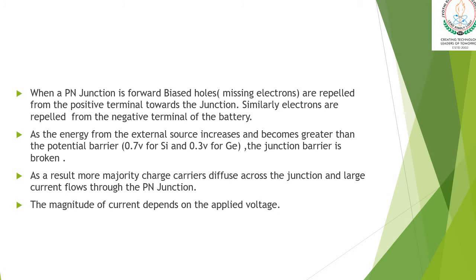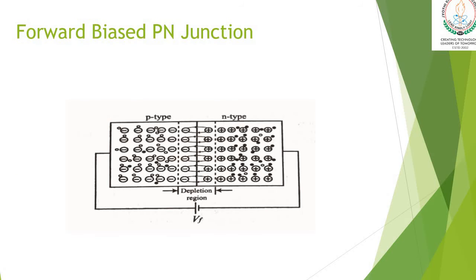So look back to the diagram here. Here you have a missing electron. This missing electron will have a tendency to move forward, whereas when you look into the N type here, it is made up of electrons, and these electrons will repel from the negative terminal of the battery or the source.